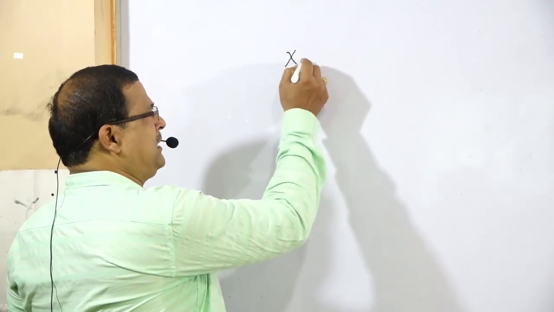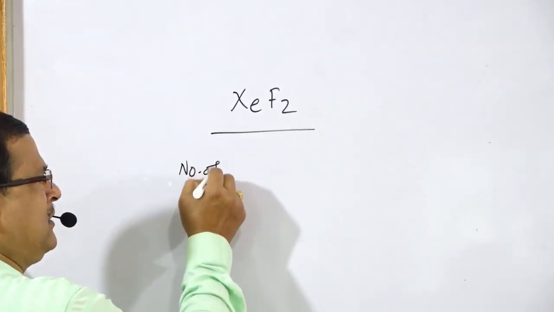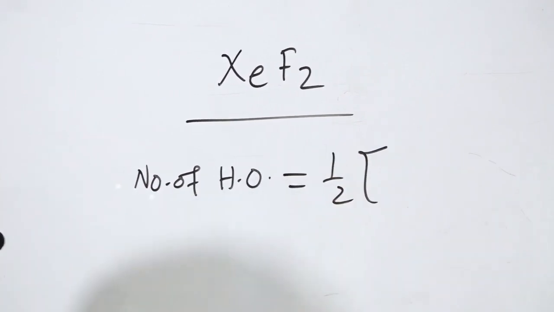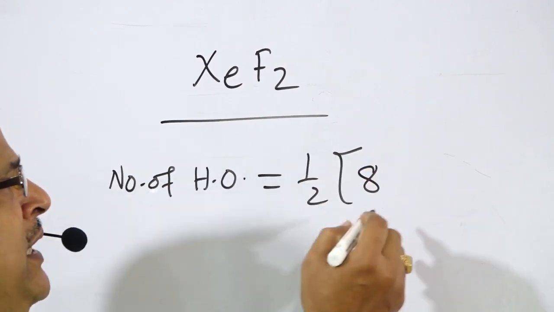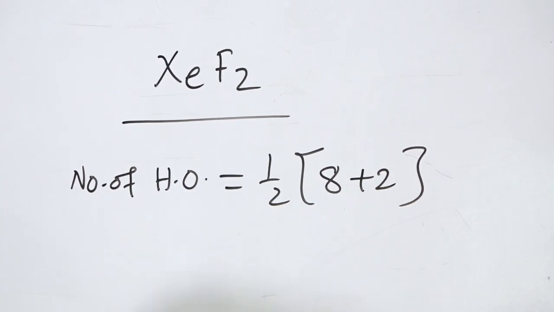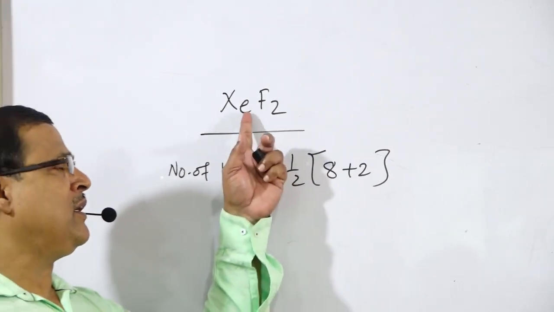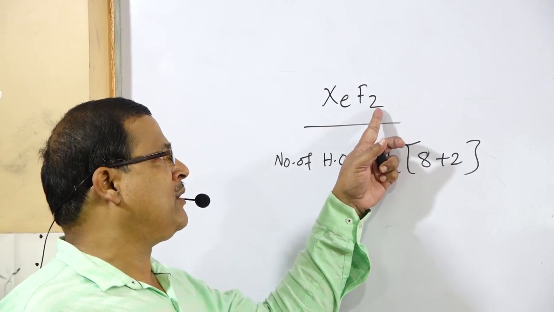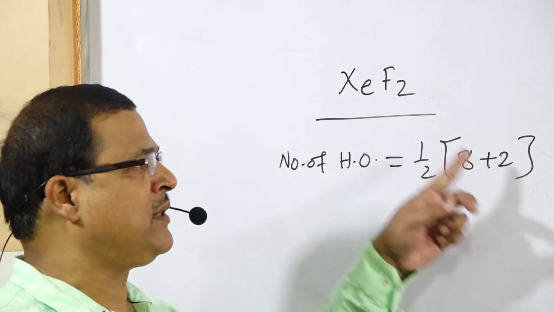For example, XeF2: the number of hybrid orbitals is half of the value of H for xenon, which is 8, the number of electrons in the outermost shell. The number of monovalent atoms is 2. There is no cation or anion, so C and A are 0.